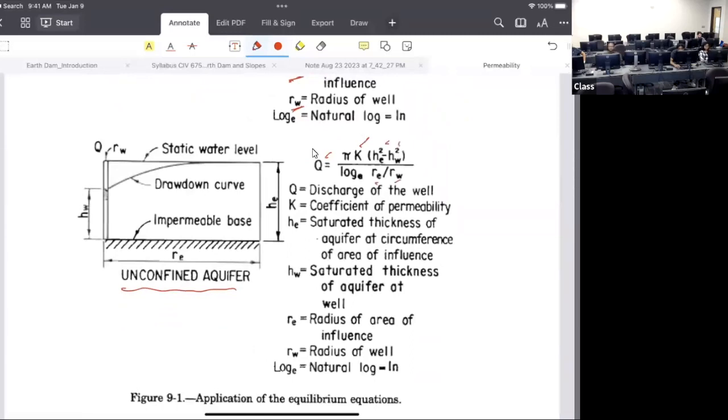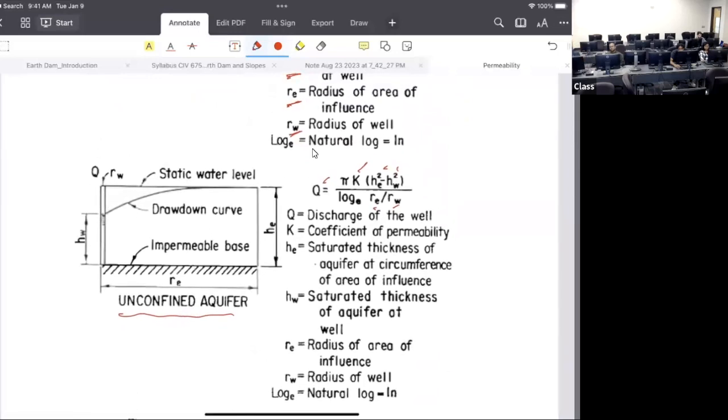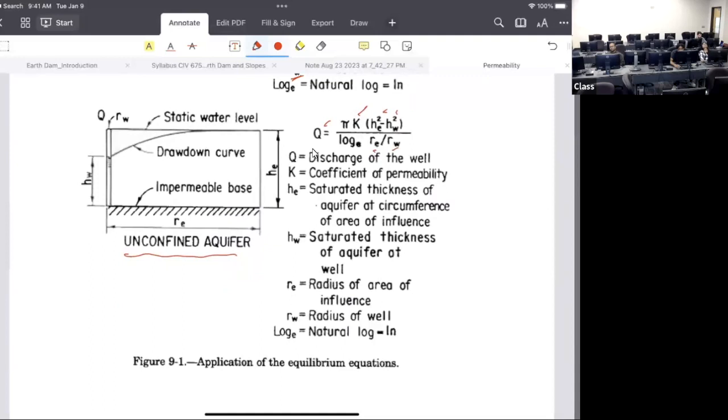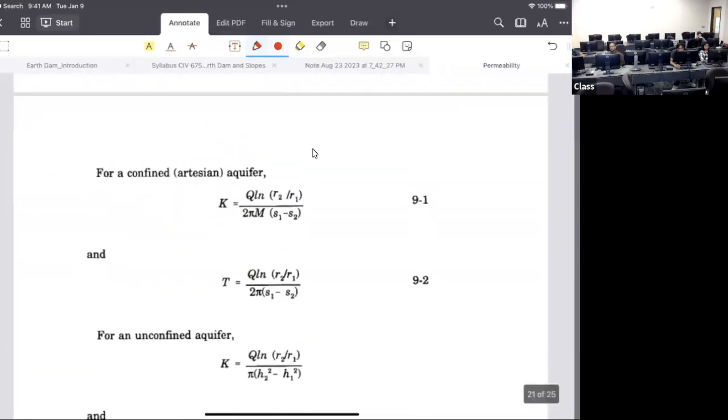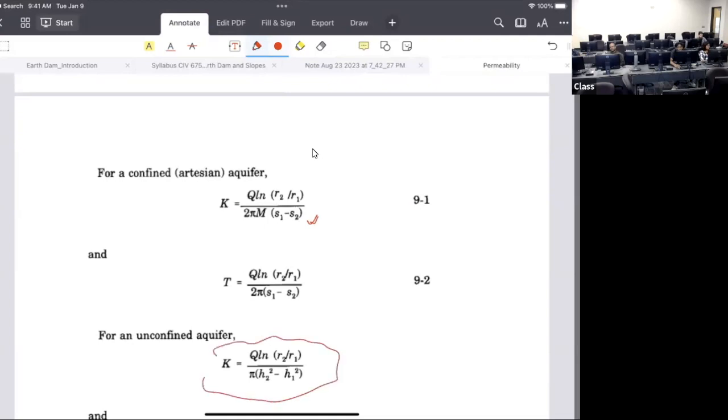You just plug the numbers into that equation and you should be able to find it. And we have the log E. What is the log E? 1.1. So basically, if you rearrange that equation, you should be able to find K. And for an unconfined aquifer, that's your equation. These are the two equations that you need.